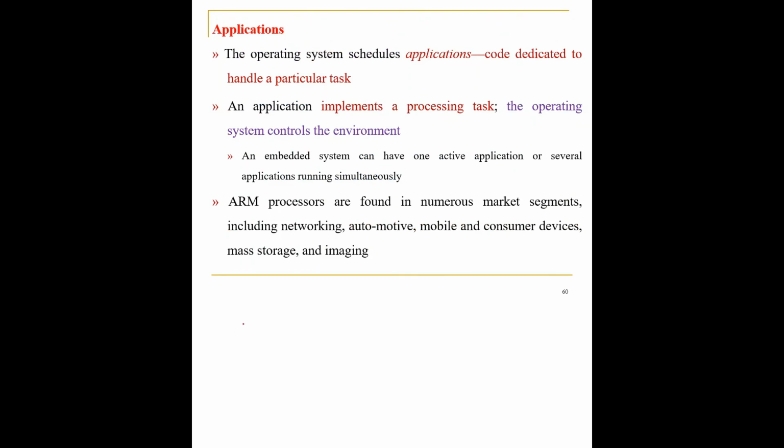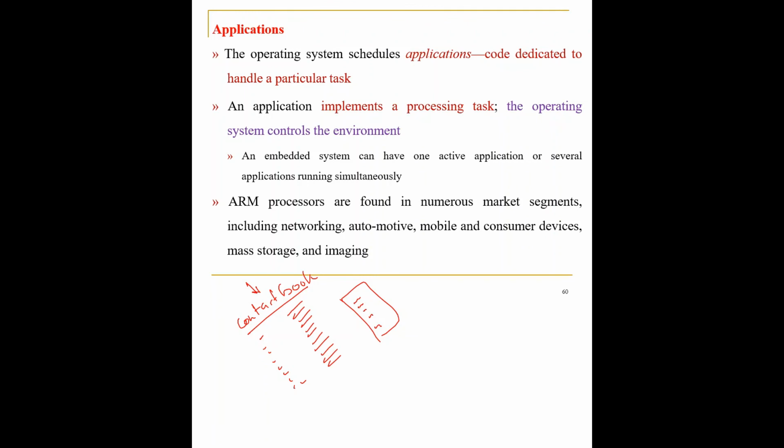Let us say that you have a contact book in your mobile phone. If you want to check the contacts of various persons, you press the app contact book, which is an application. As soon as you press the app contact book, a set of code corresponding to that particular contact book will run and it will show you all the contacts.